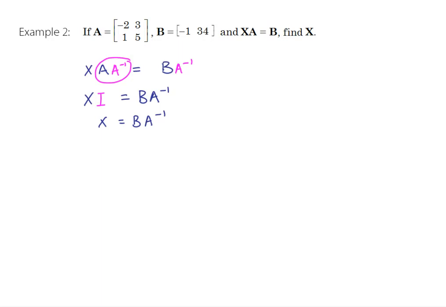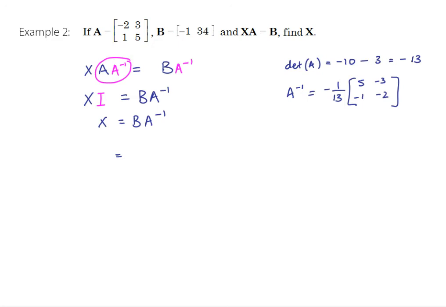So we need the inverse of A. So determinant of A is going to be negative 10 minus 3, so negative 13, which means the inverse of A is negative 1 on 13. Swap these two numbers around, multiply these two numbers by negative 1, and we have our inverse.